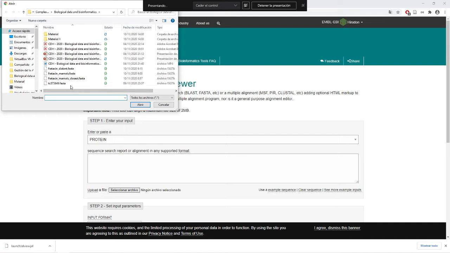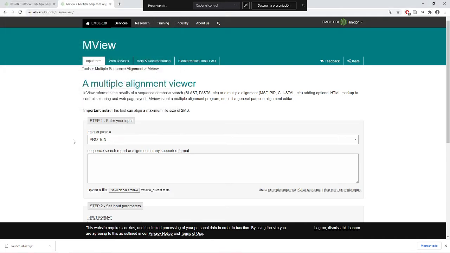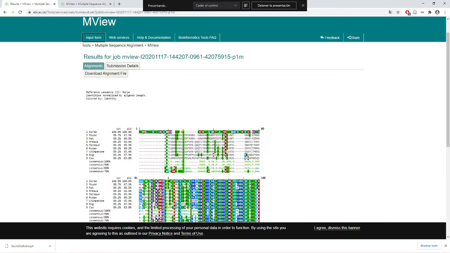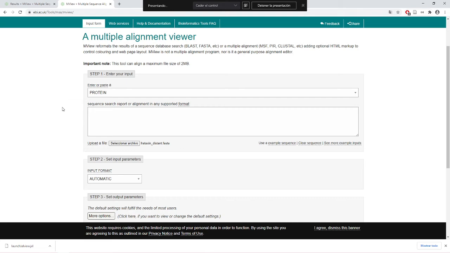It's not working because you are in MView directly. Sorry? It's not working because you are in MView directly. I think you need to go back to the first one. Here, I cannot put it at the same time, or I didn't understand, sorry.